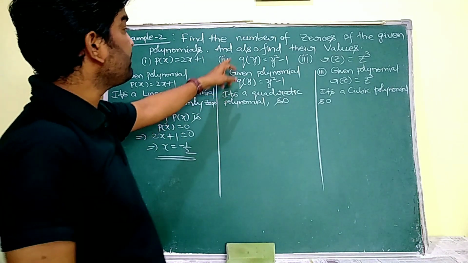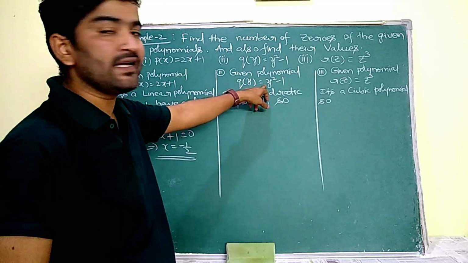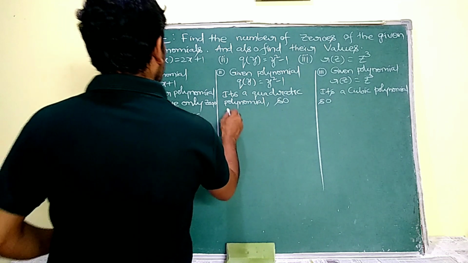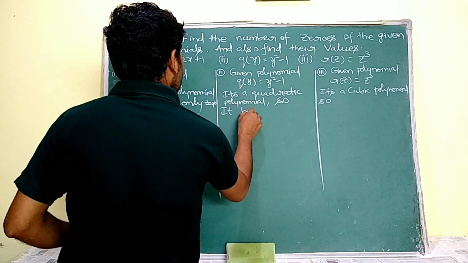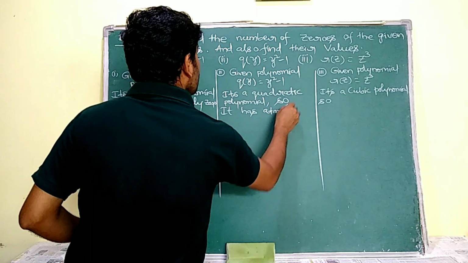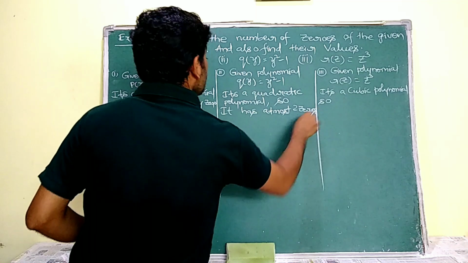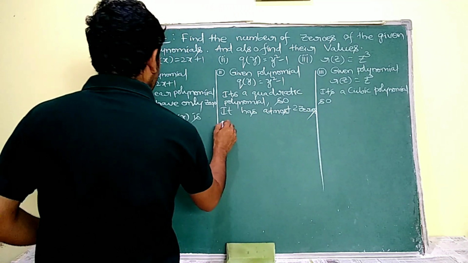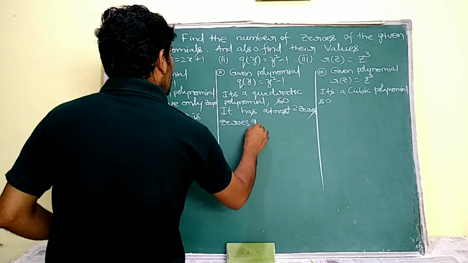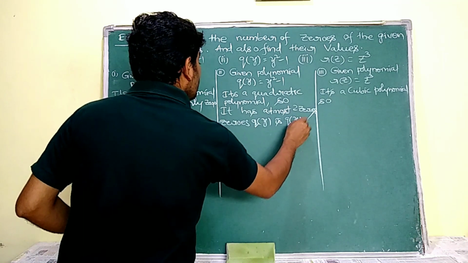Similarly, the given polynomial q of y is equal to y square minus 1. It is clearly having degree 2, so it is a quadratic polynomial. So it has at most 2 zeros. Again you have to write zeros of q of y: q of y is equal to 0.